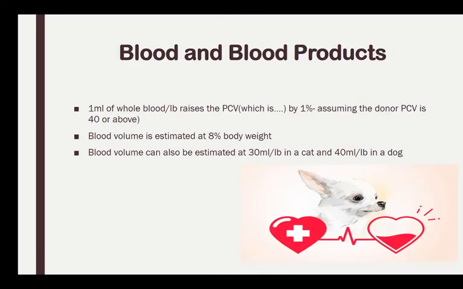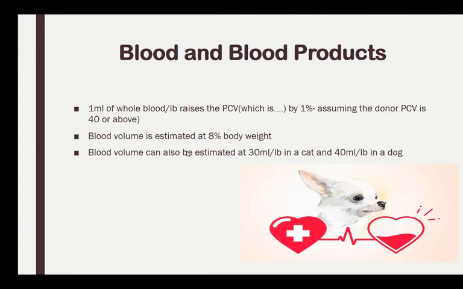For blood and blood products, 1 mL of whole blood per pound raises the PCV by 1%. So you want your donor dog to be about 40% or above. If you have a dog that needs red blood cells, we typically say they need a blood transfusion at about 11% PCV.